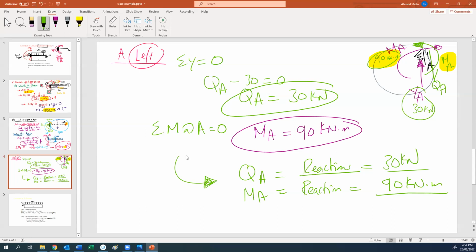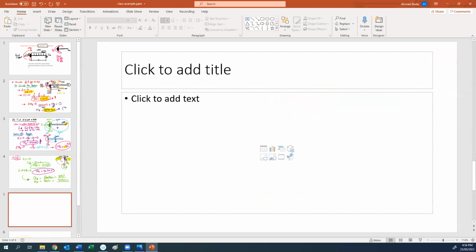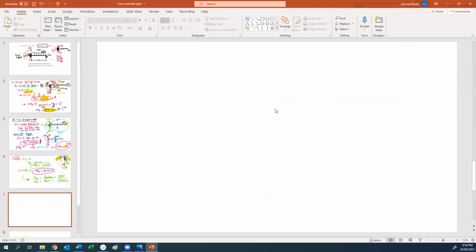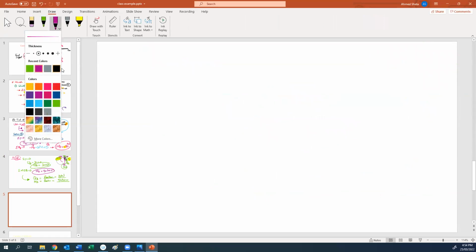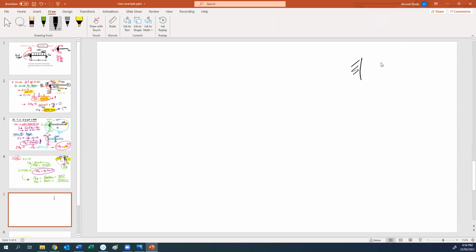Now we can do the last requirement of this beam or this example. He asked us to work on section B, at the end of the beam here, the free end, this B and this A. Again, this is our reaction, XA, YA, and MA: MA 90, YA 30.